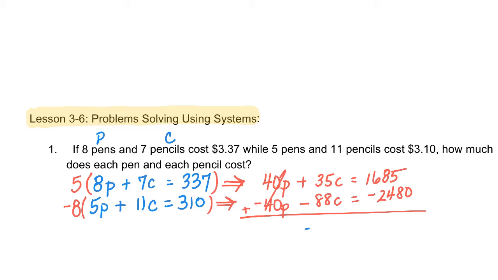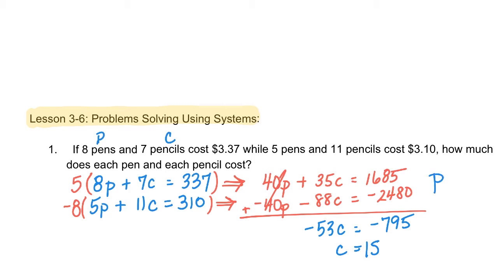And I get -53c is equal to -795. So when I divide each side by -53, I get 15. But remember, I took out the decimals.